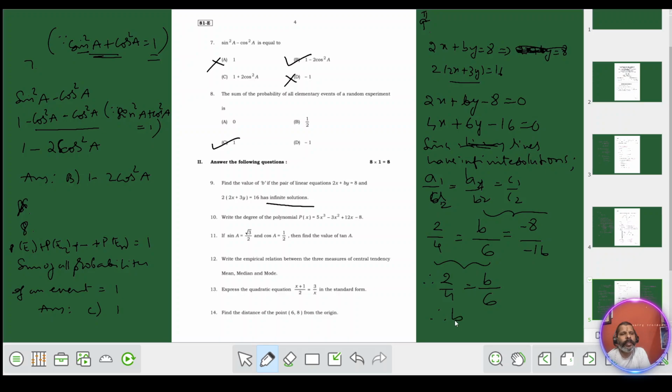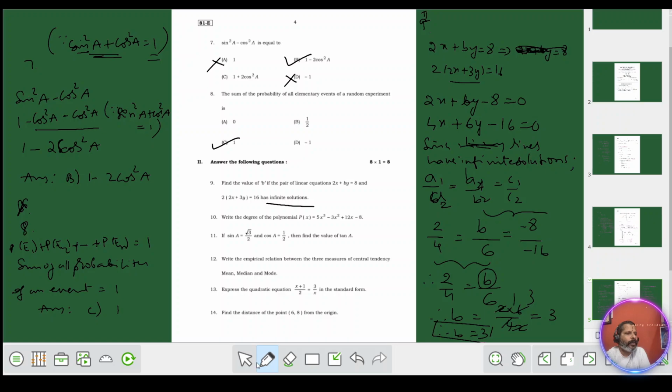Therefore B equals 2 into 6 by 4. 2 ones are 2, 2 threes are 6. Therefore B equal to 3. It is not an MCQ, so you have to write that B equal to 3. Therefore the required value for B is equal to 3. Clear?